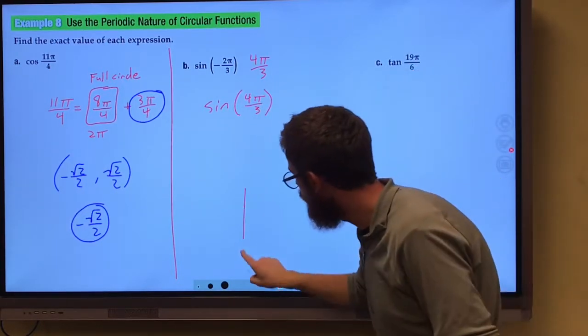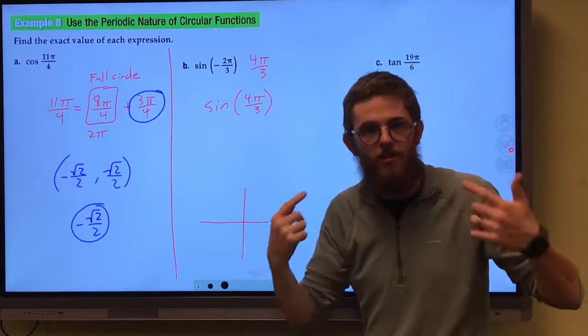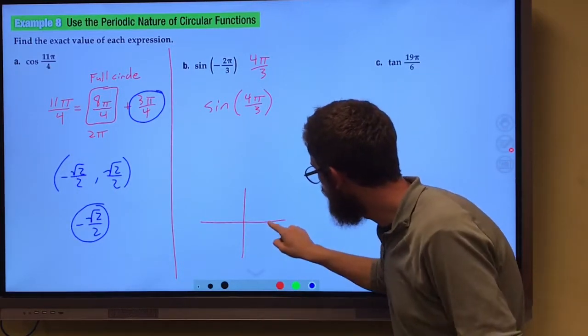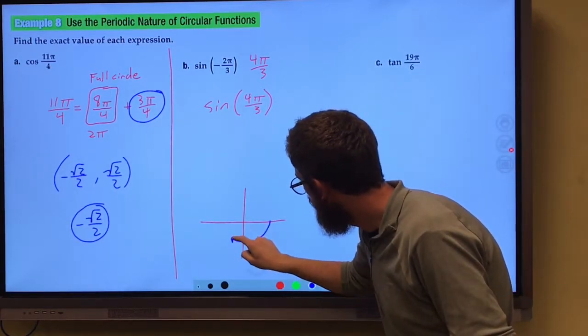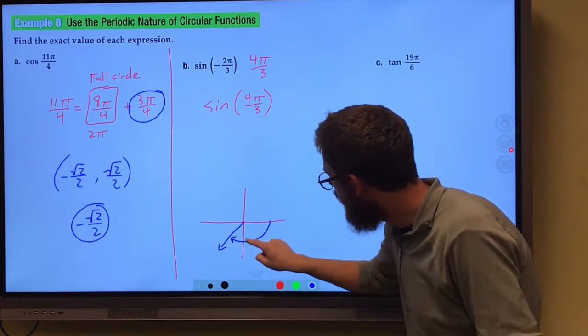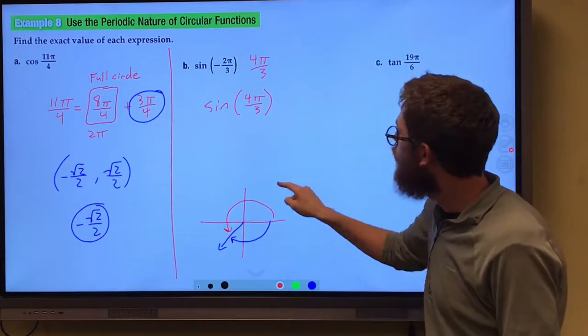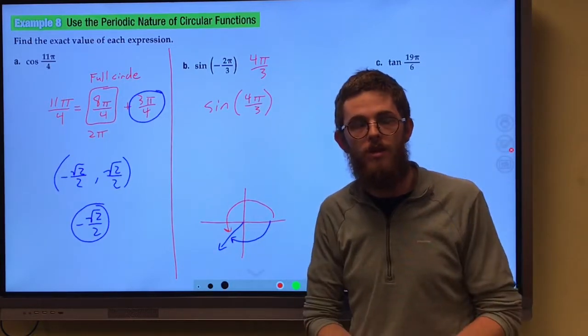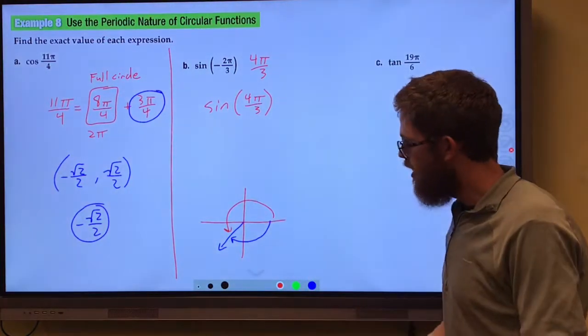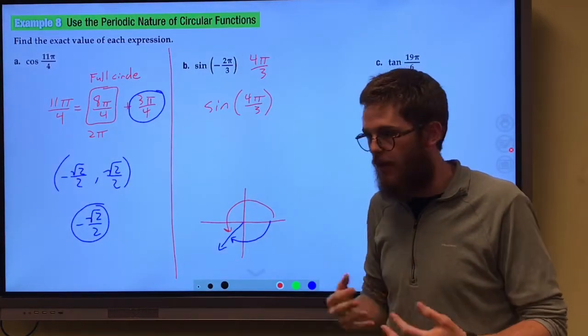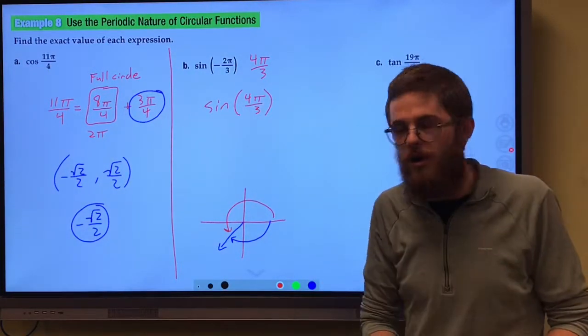If you need that visual, again, I want us to start thinking about this in our heads, but that visual, negative 2/3 pi, is going to correspond with 4 pi over 3. And so what is the point on our unit circle that corresponds to this?